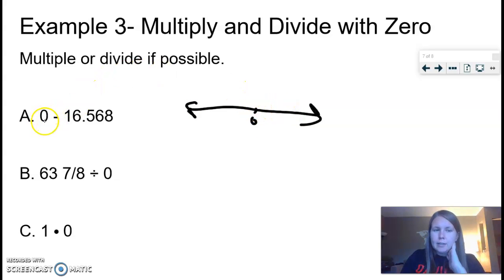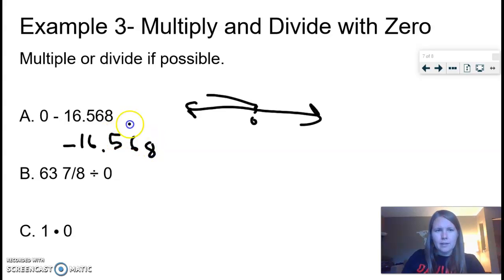In this case it's 0, so we start at 0. Subtracting means I'm going to go to the left this amount. So my answer is just the negative version of this number, which is negative 16.568. That's my answer.